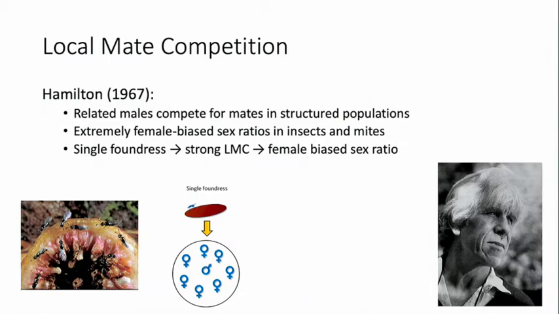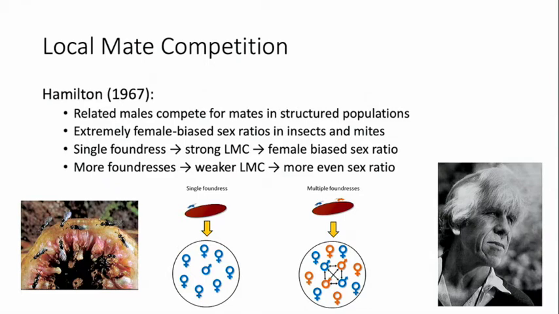In the case where you have a single foundress, you get very strong local mate competition, because when you produce more males, these males will compete against each other for matings. So as a mother, it's best to optimize the number of males to that situation. If you're the only female laying eggs, you should only produce so many males as to fertilize your own daughters. There can be one male or two males, but not very many more. A very female-biased sex ratio.